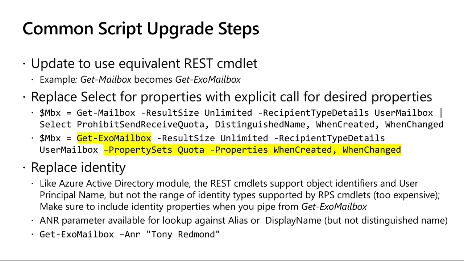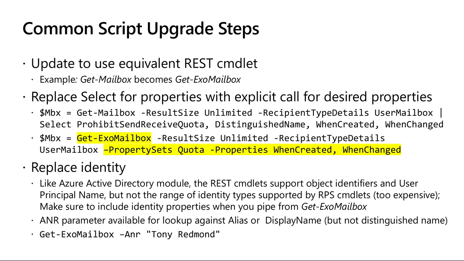Here's a biggie. Remember what I said about optimized for Azure Active Directory? Well, a long time ago, when I was much more handsome and slimmer, Exchange came out with PowerShell. And the identity parameter was really quite liberal because you could feed in a display name, a distinguished name, an alias, whatever you wanted, and Exchange would figure it out and send it back to you.